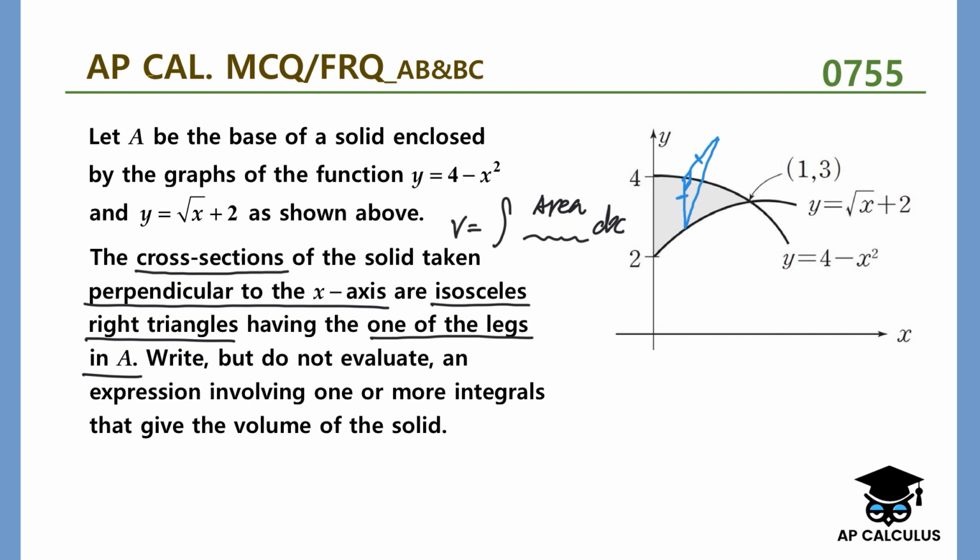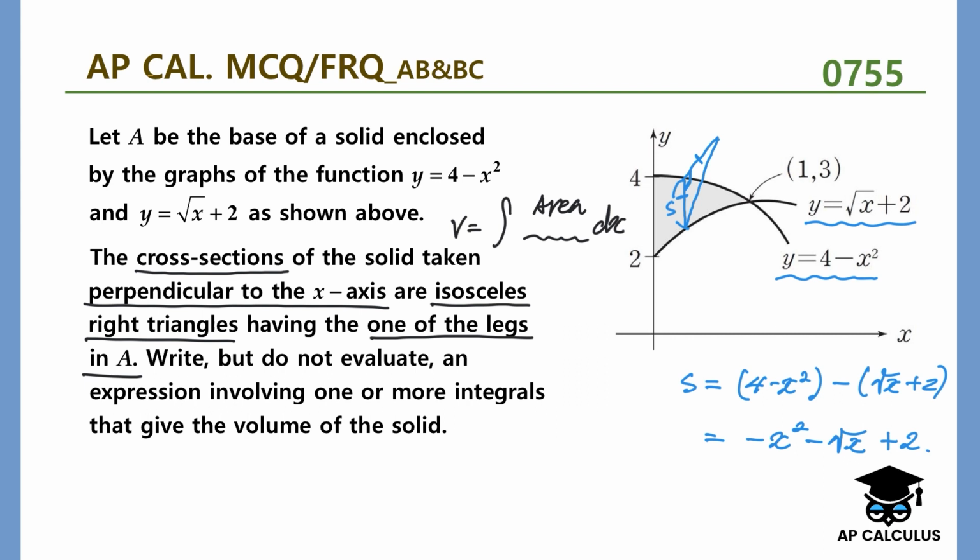Let's say this is our side s, and s is just the upper curve minus lower curve. That's going to be 4 minus x squared minus the square root of x plus 2. If we simplify, that's negative x squared minus the square root of x, since 4 minus 2 is plus 2.